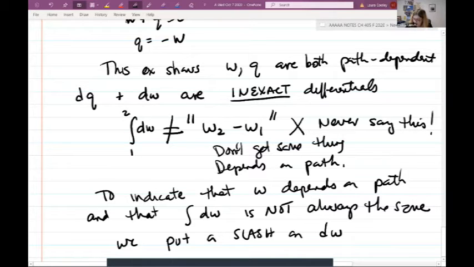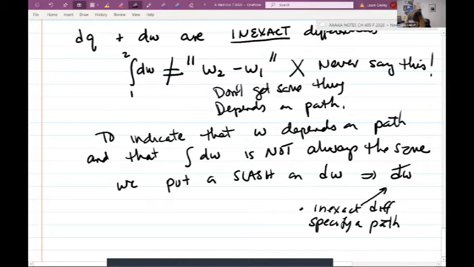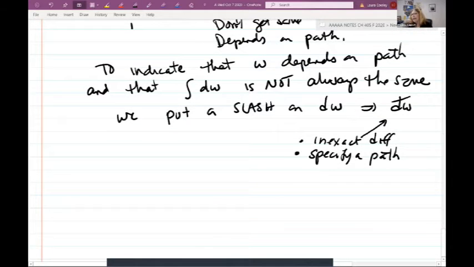We write it as dW with a line through it. This means it's an inexact differential, and you have to specify a path. You really can't integrate to get the work until you pick a particular path.